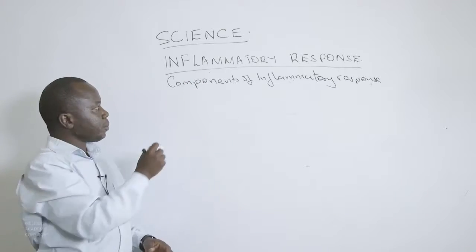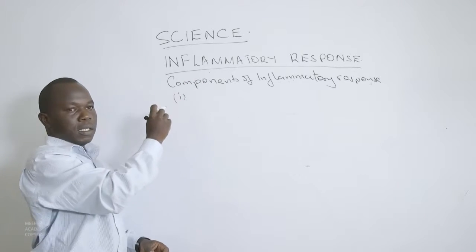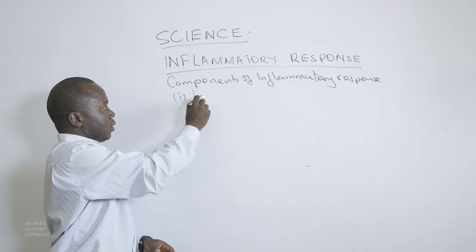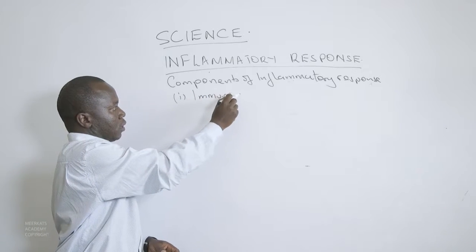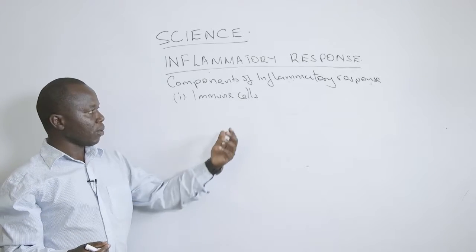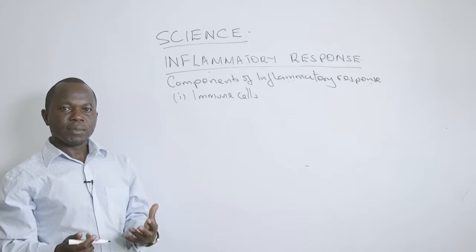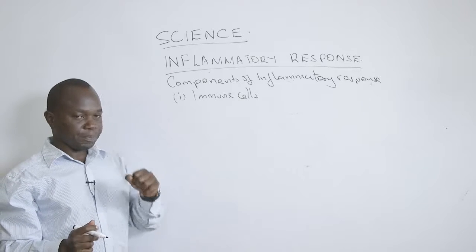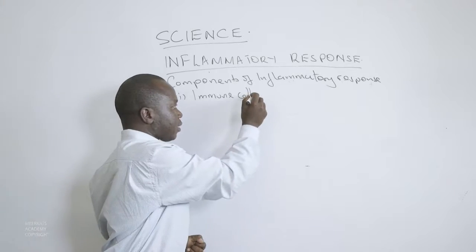Components of the inflammatory response will include, one, immune cells. To destroy the pathogen, we require immune cells. These immune cells are mostly in the form of white blood cells.